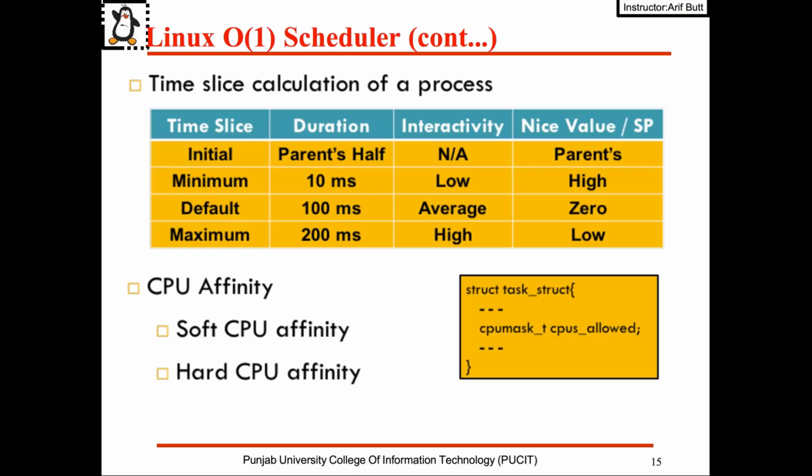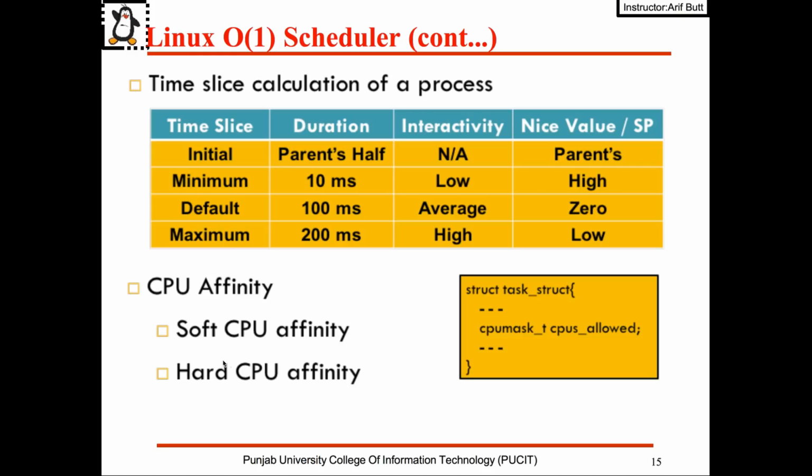To achieve performance gains in cache optimization, the concept of CPU affinity is introduced. The big O of 1 scheduler tries to ensure this soft CPU affinity. That is, it tries to run the task on the same CPU on which it ran previously.